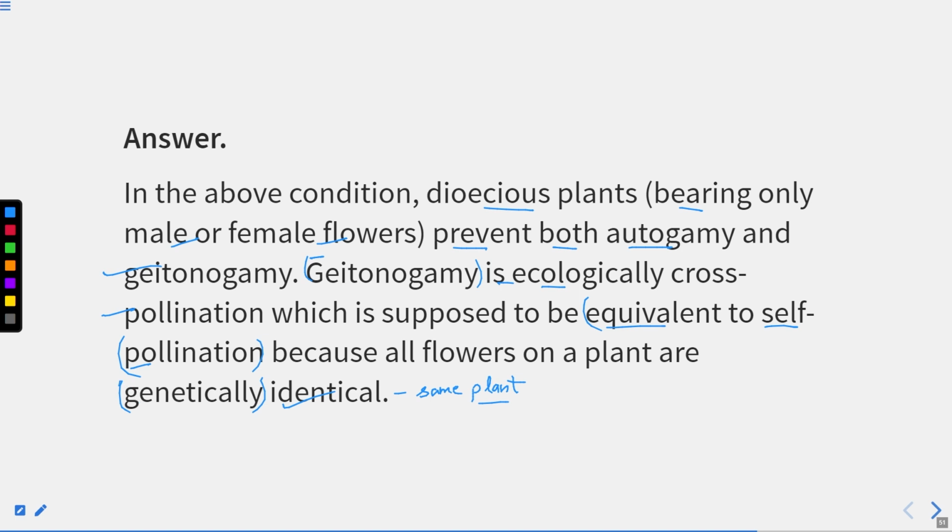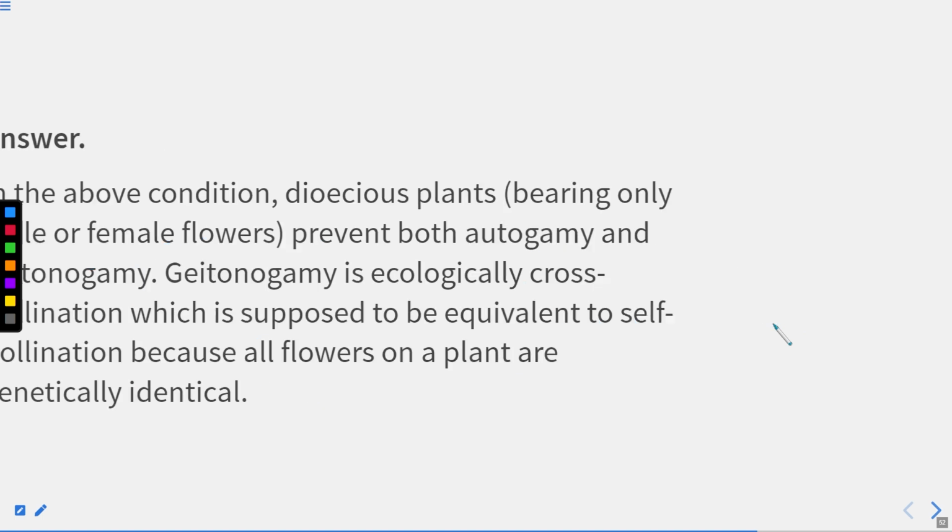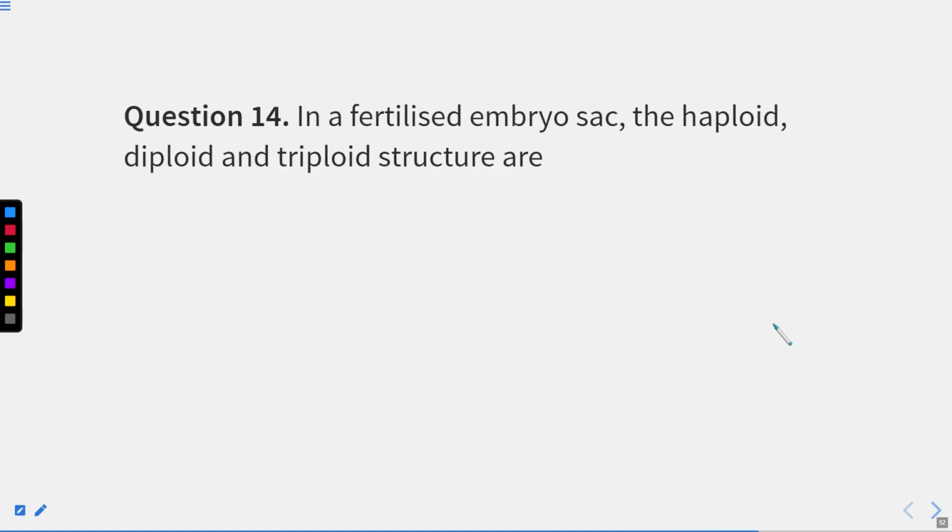So genetically it will be similar. So you can say it is equivalent to self-pollination only. Although it is cross-pollination, meaning the pollen grains are being transferred to another flower, that flower is present on the same plant, which is genetically identical.